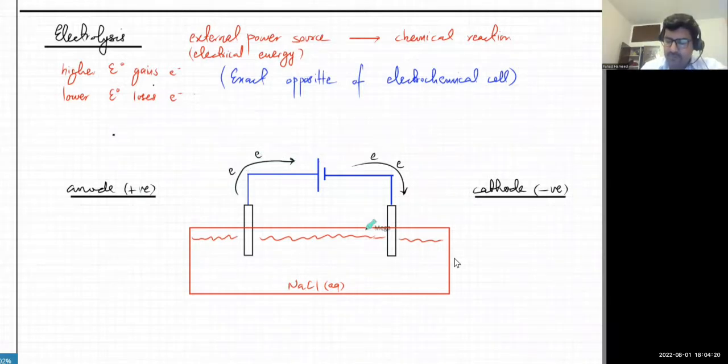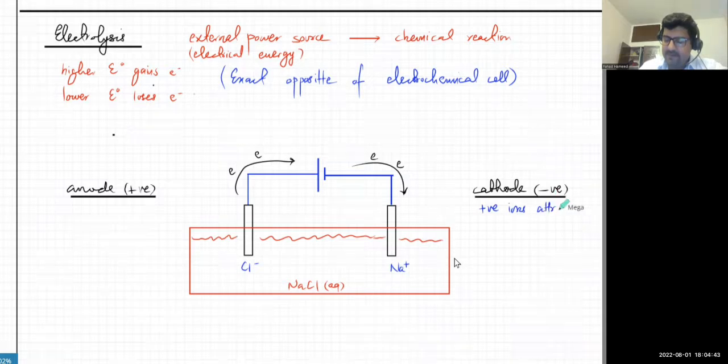What do you have in solution? In solution, you've got ions. You've got Na+1, and you've got Cl- ions. Now the positive ions are attracted to the cathode, because obviously it's negatively charged.